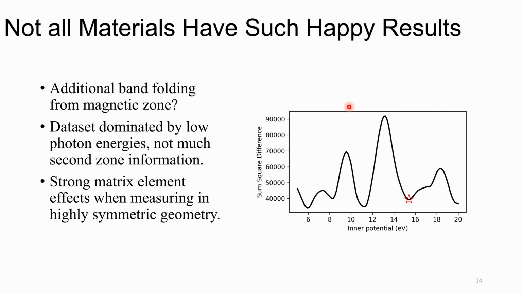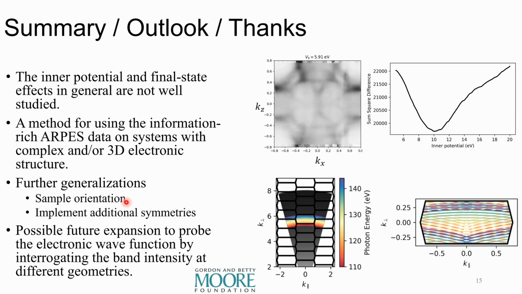The result is pretty good because it does reproduce a minimum at the inner potential that Bobby has identified, but it has some other minima that are interesting in their own right. I have some reasons here, but I'll hold back on discussing them for time, and we can have some questions. Thanks.